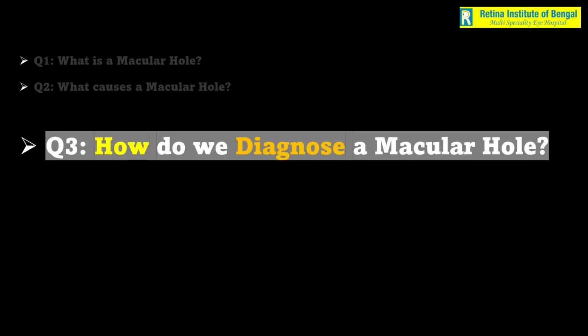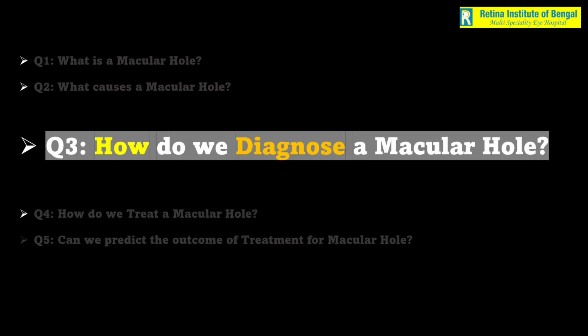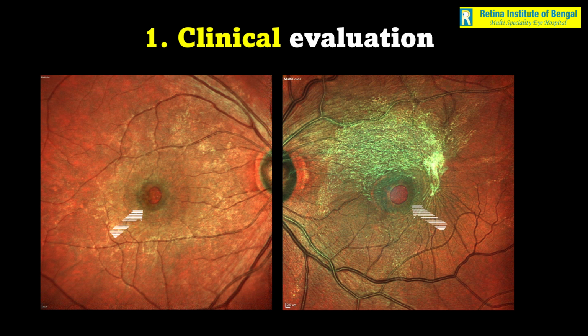So the next question, how do we diagnose a macular hole? The easiest and obvious way to diagnose a macular hole is to check the retina, and sometimes the hole is big enough for us to clearly diagnose that there is a hole, as in these two pictures.